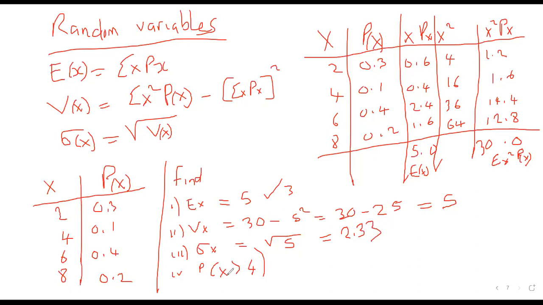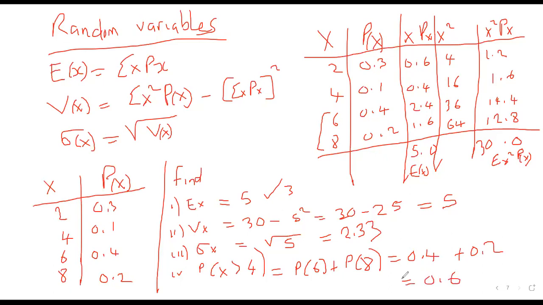Here we're told to find the probability greater than 4. So which numbers are greater than 4? Probability of 6 plus the probability of 8. When we add this, probability of 6 is 0.4, probability of 8 is 0.2. We're going to get 0.6.